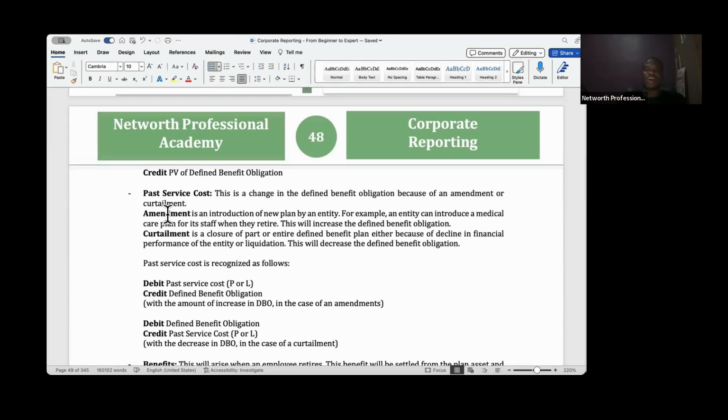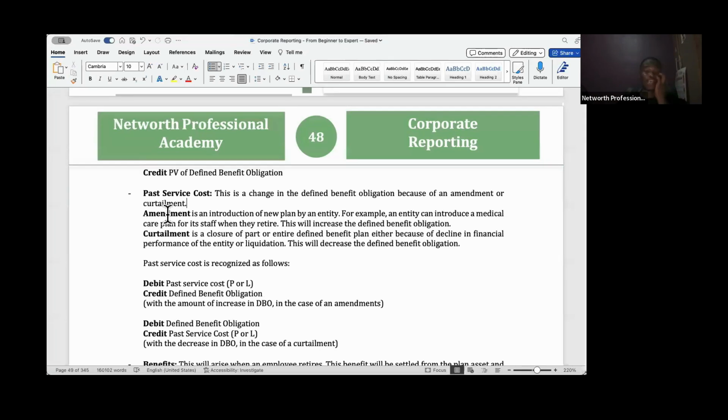Curtailment is the opposite of amendment, whereby there is a closure of part or an entire plan, saying we're not doing it again. I'm not contributing again. And this will usually occur when the entity is not doing so well and they have to liquidate. I mean, no more business. So there would be a change in the plan.